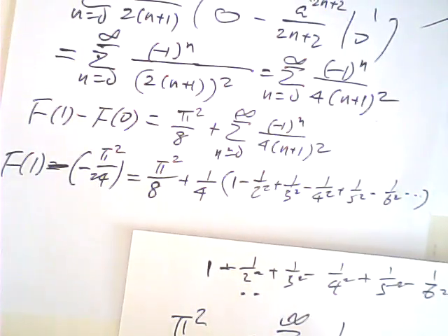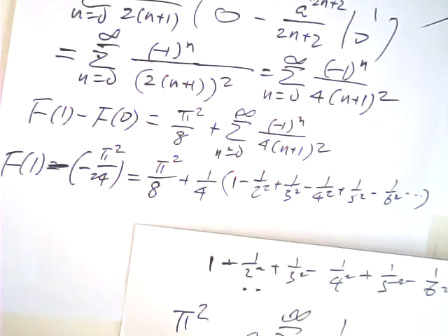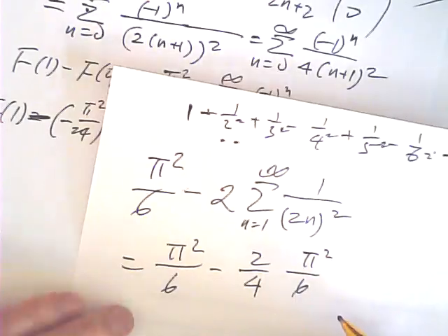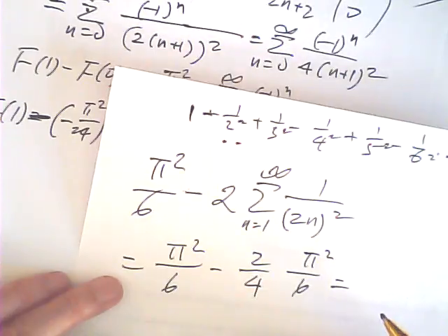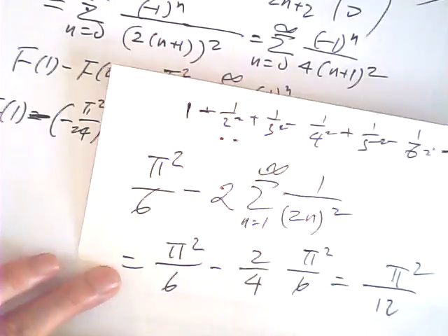Okay, so therefore it becomes what? This minus 2, this is a 4, and pi squared.